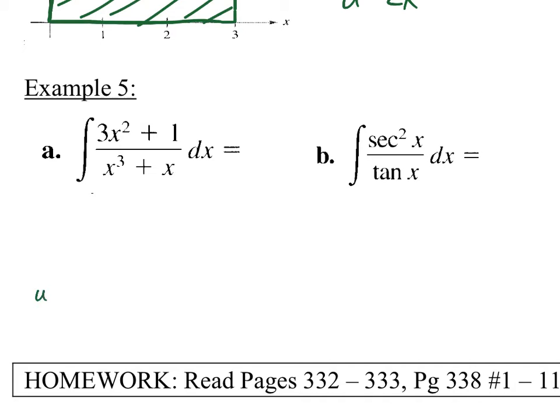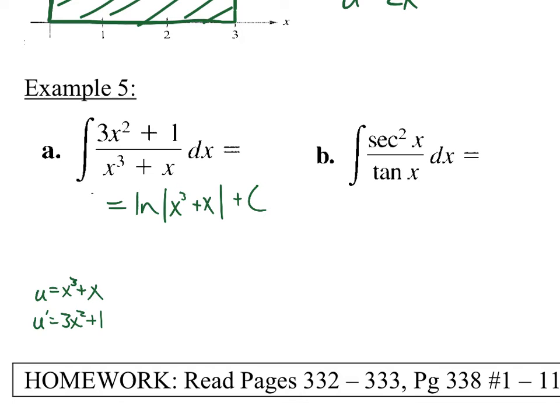Yeah, actually, u is x cubed plus x, and u prime is 3x squared plus 1. So I already have the u prime over u, so I can just jump right to my answer. This would be ln of the absolute value of what? x cubed plus x. Yeah, it's always the absolute value of u that you're going to take the natural log of.